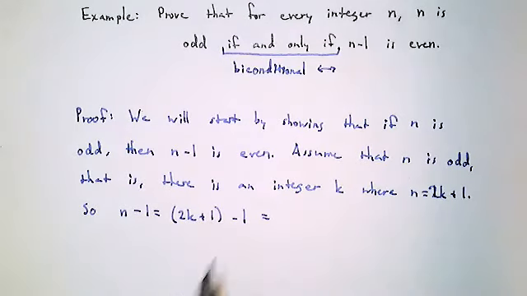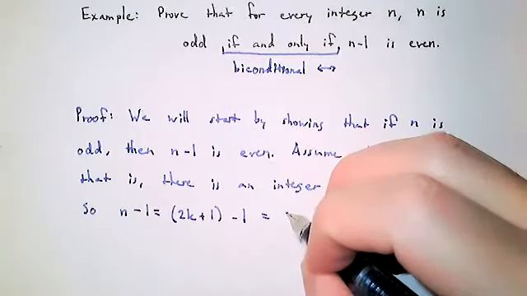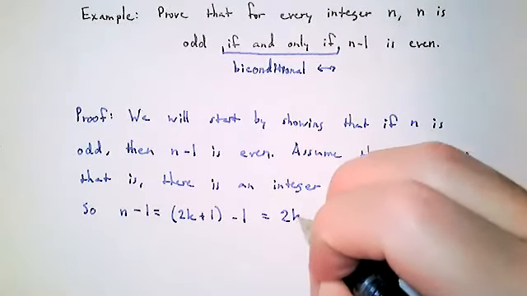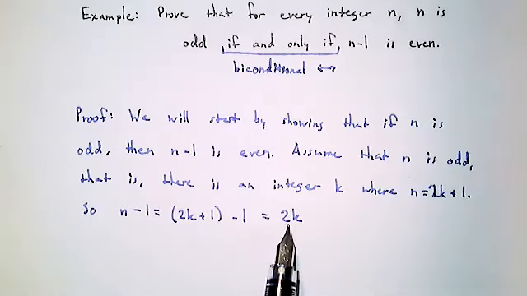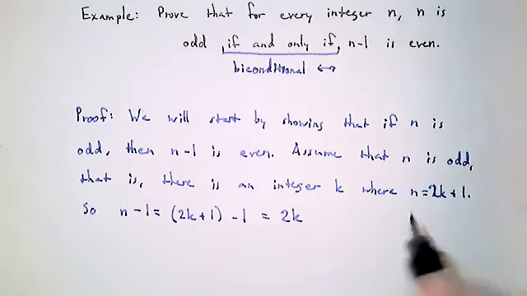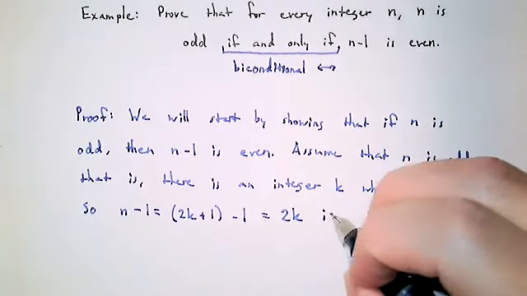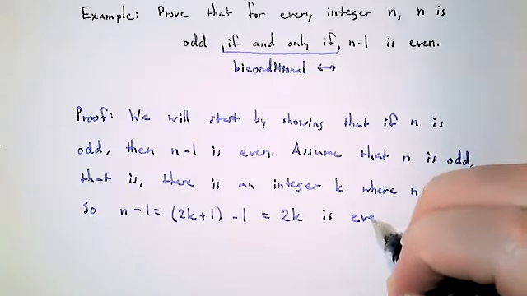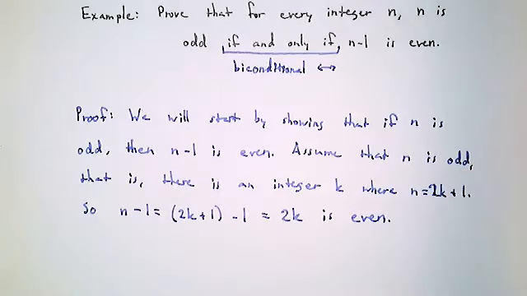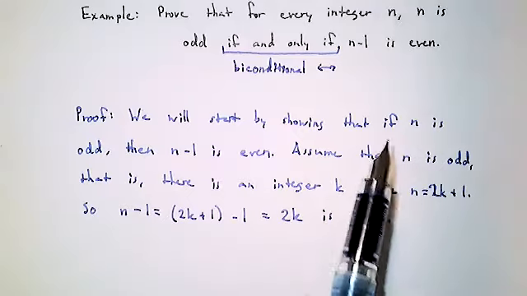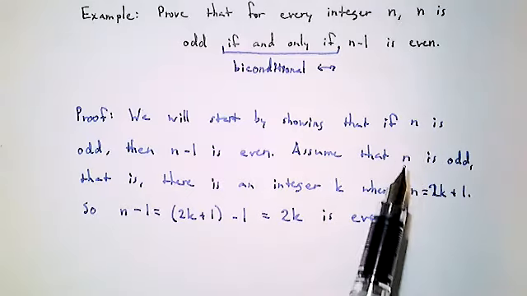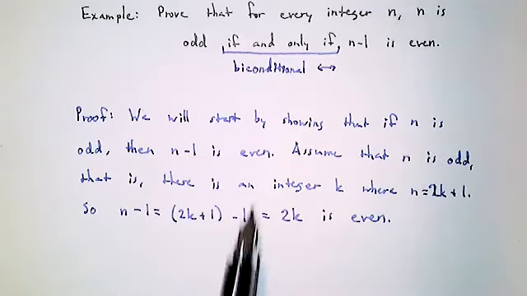This plus 1 will cancel with that minus 1 to give us a 2k. So n minus 1 is equal to 2k. That means n minus 1 is even. And that's what we wanted to do in this part of our proof. We showed that if we assume n is odd, then n minus 1 is even.